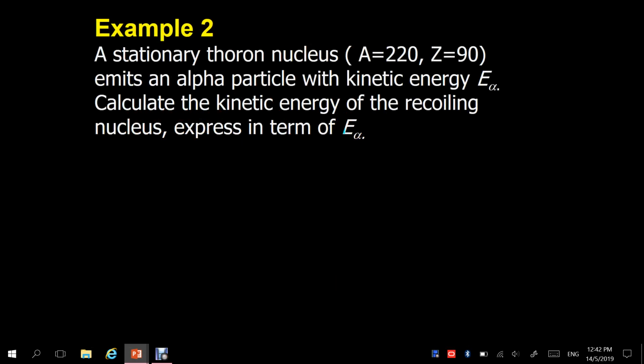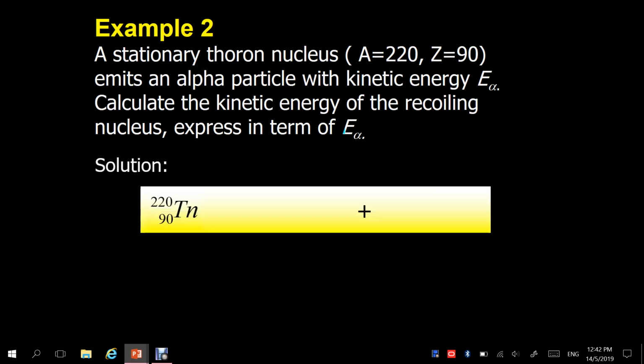Okay, let's take a look at example 2. Here we have a stationary nucleus. It undergoes spontaneous decay. Alpha particle is emitted. The kinetic energy of alpha particle is given as E alpha. You're asked to calculate the kinetic energy of the recoiling nucleus. Okay, let the recoiling nucleus be X, and you're asked to express the kinetic energy in terms of E alpha.